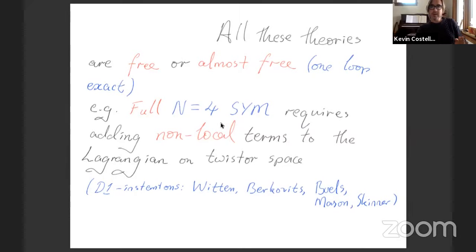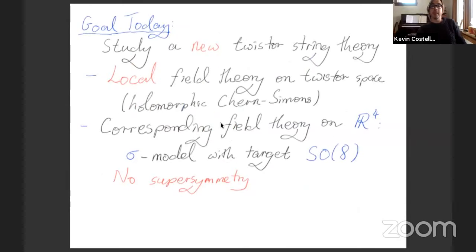So let's move on to say a little bit about what I want to study today. I'm going to study a new variant of the twistor string theory. This will be a local field theory on twistor space, simply some version of holomorphic Chern-Simons theory, a little bit different than the one studied by Witten and Berkovits. But we'll find, because we're working on twistor space and not super twistor space, that the corresponding field theory in 4 dimensions is not supersymmetric at all.